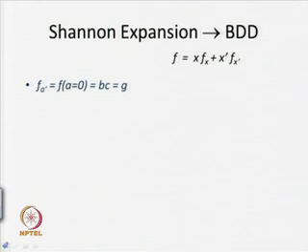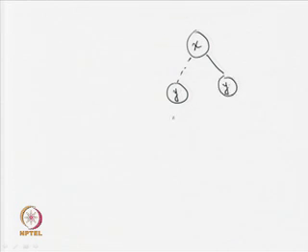So, now I will draw one particular BDD. This is your x. For x equal to 0 and x equal to 1, I get y. If y is equal to 0, say I have the functional value 0.